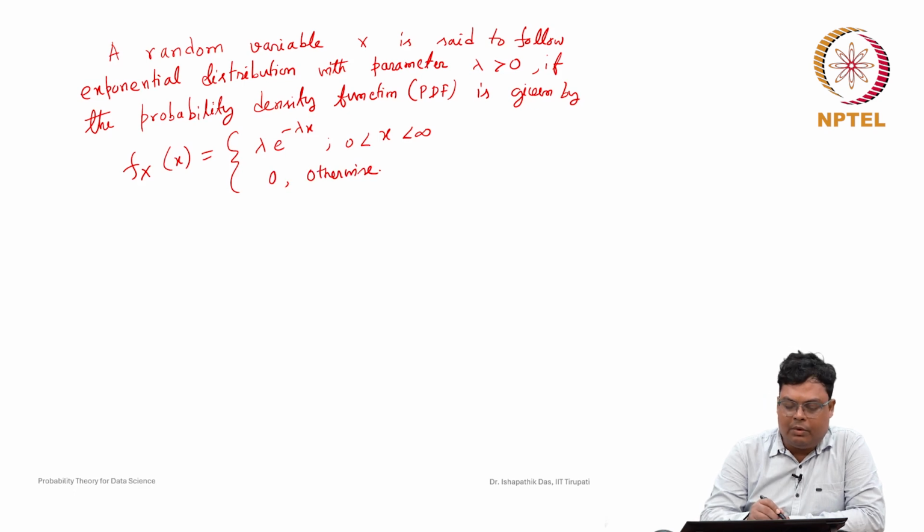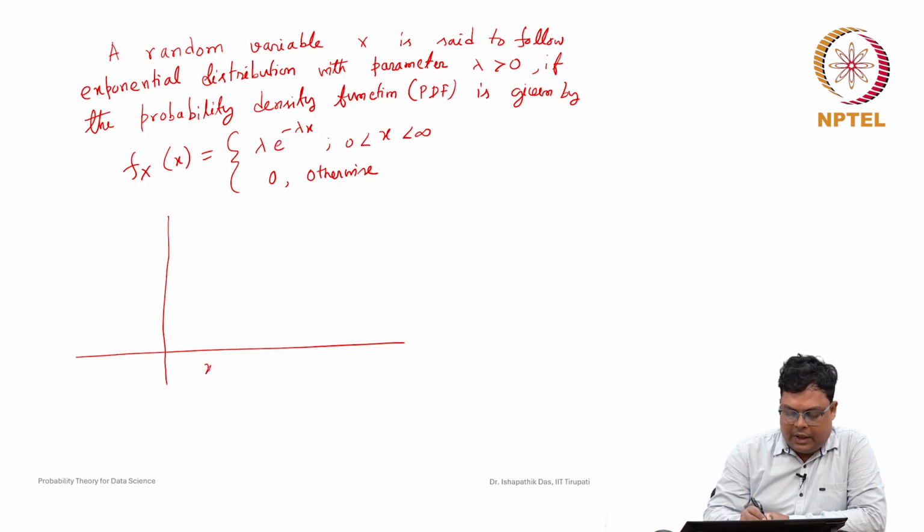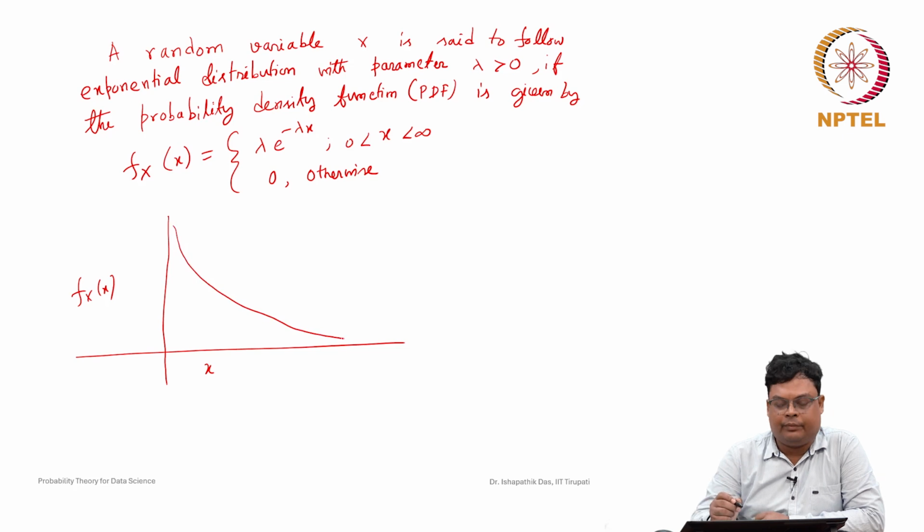If you draw this probability density curve for different values of lambda, with x on the horizontal axis and f of x on the vertical axis, it looks decreasing.